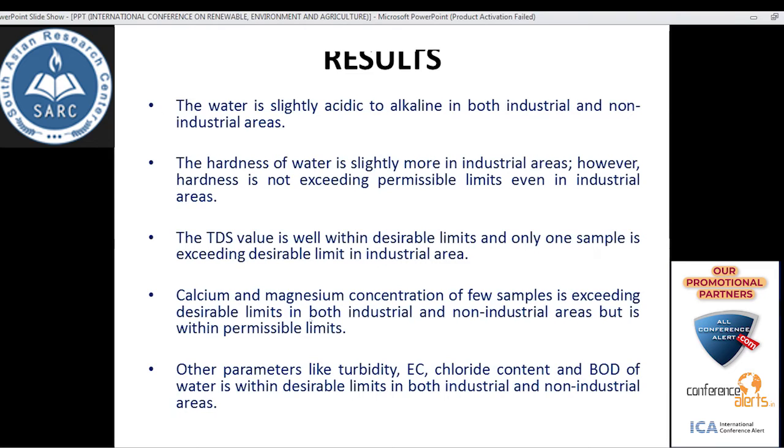Fourth, calcium and magnesium concentrations of field samples were exceeding desirable limits in both industrial and non-industrial areas, but were found within permissible limits. Other parameters like turbidity, electrical conductivity, chloride content, and BOD of water were found well within desirable limits in both industrial and non-industrial areas.